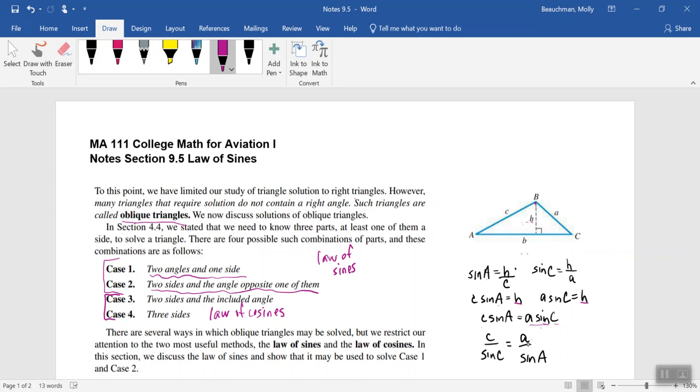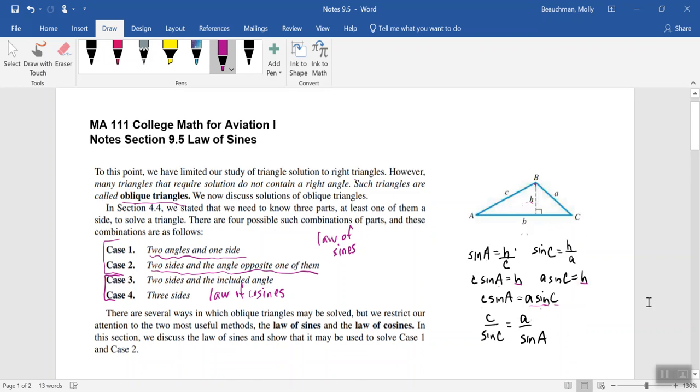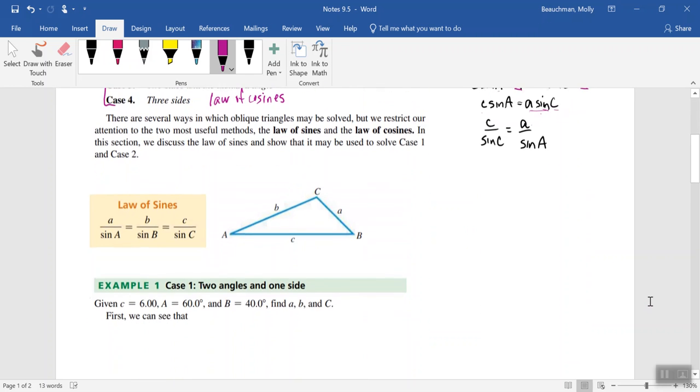So the law of sines says that in any oblique triangle, side a over the sine of the opposite angle is in proportion to side b over the sine of angle B, which is in proportion to c over the sine of C. This says the side lengths are proportional to the sines of the opposite angles. So we use these as needed.